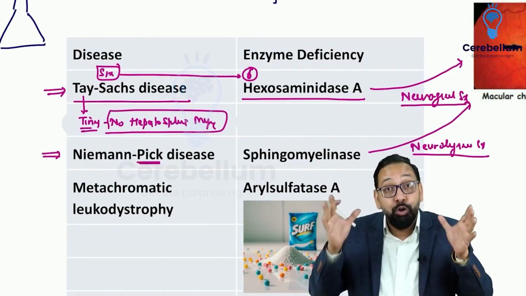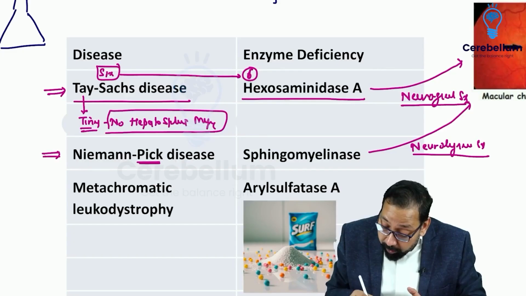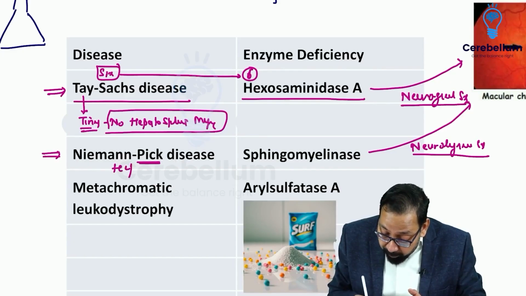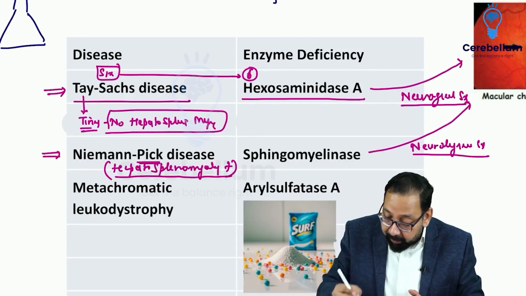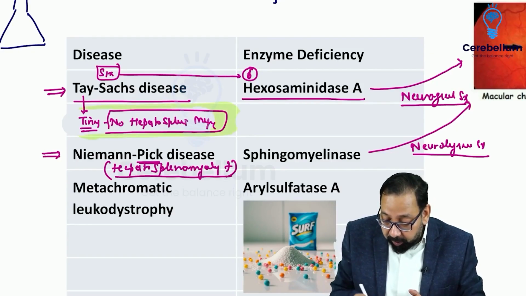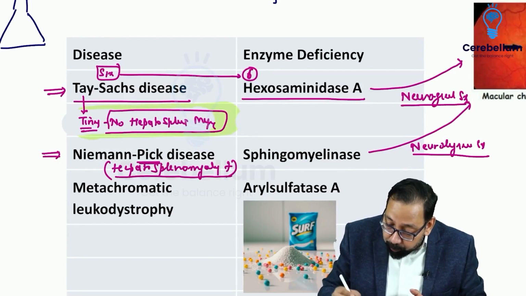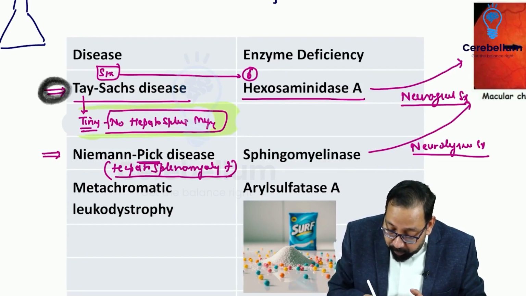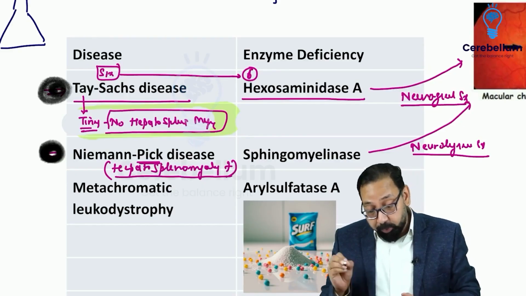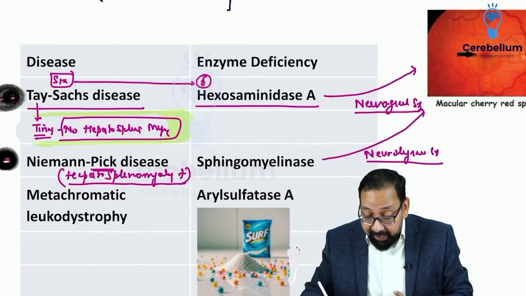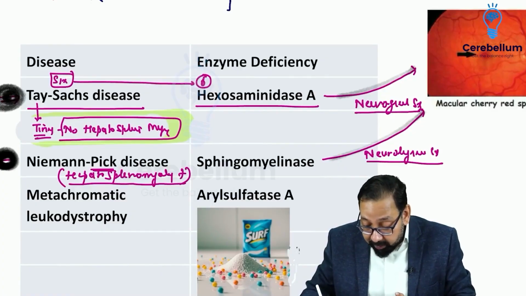Niemann-Pick, big. Big organ means hepatosplenomegaly present. Although multiple symptoms may differ, when they give a clinical scenario, they try to confuse you between Tay-Sachs disease, mnemonic tiny organs, and Niemann-Pick disease, Niemann-Pick big. So hepatosplenomegaly is present, and both have cherry red spot and neurological symptoms.